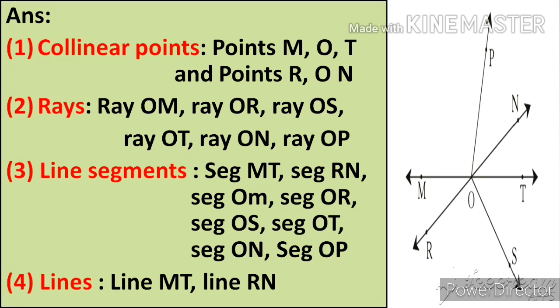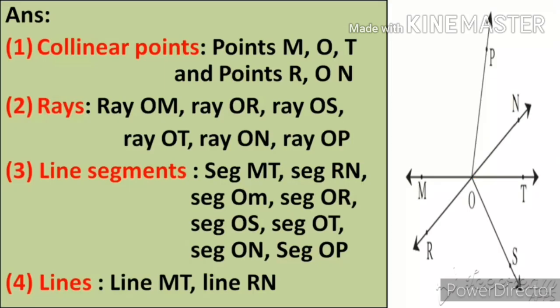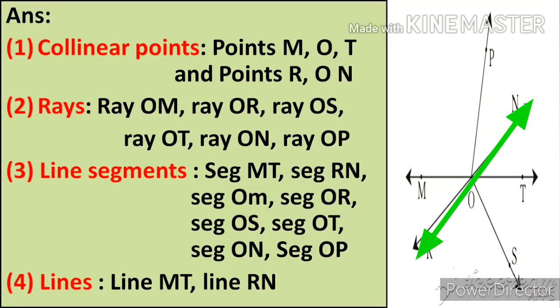Here MT, RN, OP, OT, OS, OR and OM are the line segments. Line means there is an arrow on both sides. In the given figure, line MT and line RN are the lines.